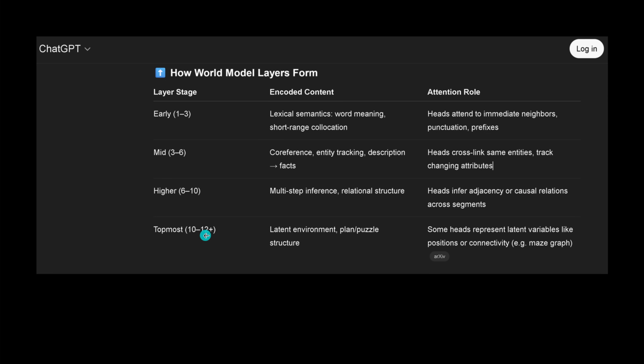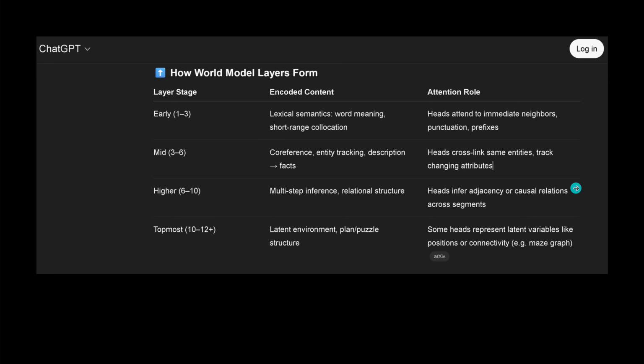And then the very last layer, the topmost layer in the complexity, they build and encode the content form of a latent environment. They have, if you want, a mapping or a plan of some formalized structure, because some heads simply represent the latent variables like the position or the connectivity, and they give you an example, the maze graph and Mochav.